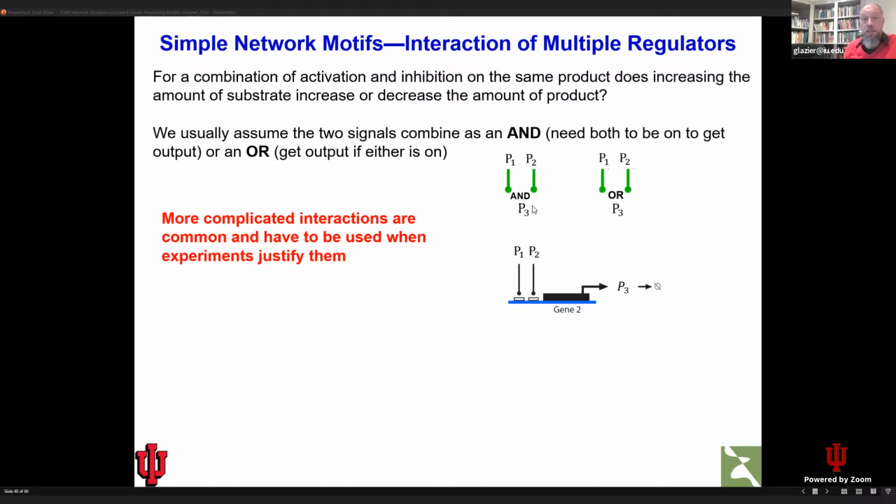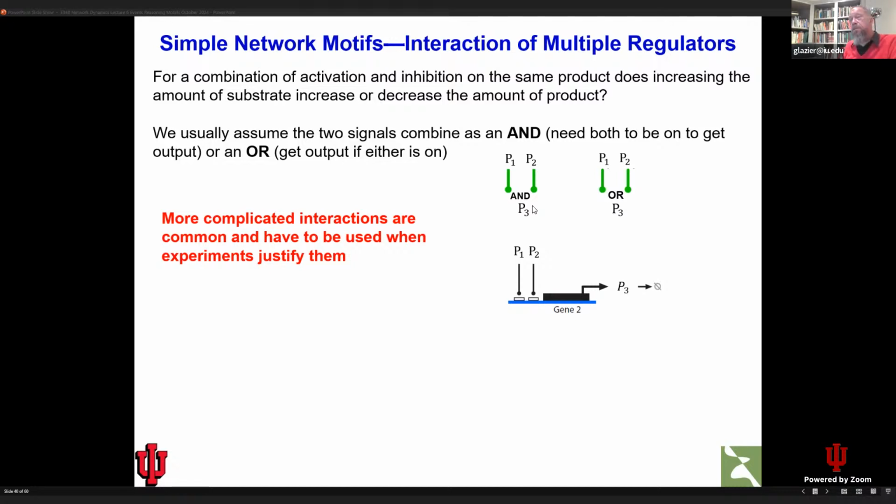Now, in a signaling network, usually we have concentrations that add, and therefore the way these signals combine is fairly straightforward. In gene regulatory networks, the interaction between multiple signals can be complicated.